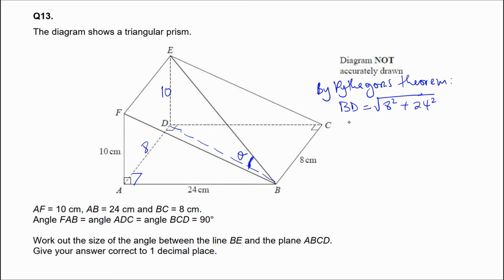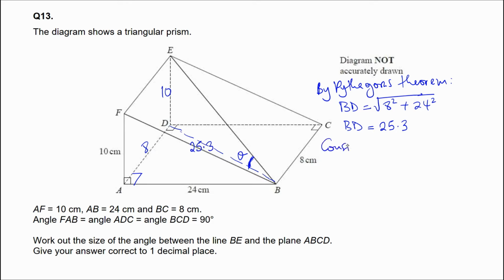Now we can basically work that out. So BD will be equal, if you just plug that in your calculator, to 25.3. So this is 25.3, that length BD.